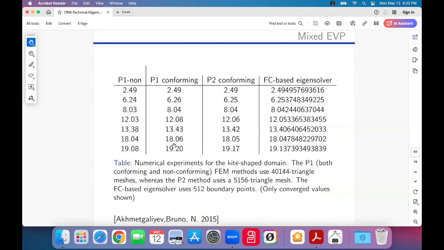We can compute eigenvalues to high precision with very, very few points on the boundary. In this example, if you're using a finite element method, you need, let's say, P2 on 5,000 triangles. You get 4 digits. We use 512 boundary points, and we get 14 digits.